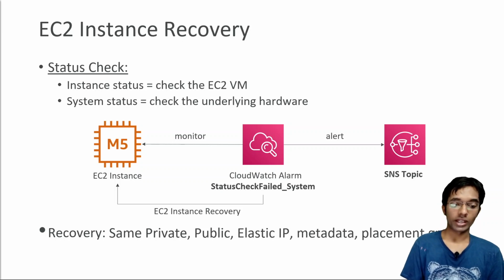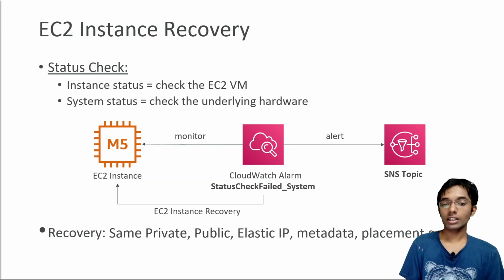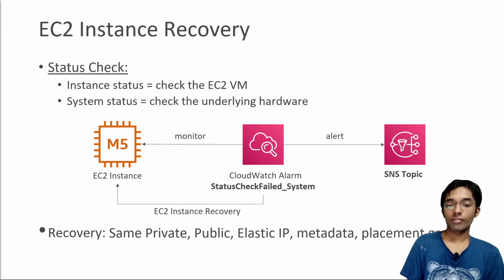So here is what it looks like. Our EC2 instance is monitored by a CloudWatch alarm, and this alarm is set up to check the system status check. In case it fails, you use your CloudWatch alarm to define an action called EC2 instance recovery, to recover your EC2 instance.